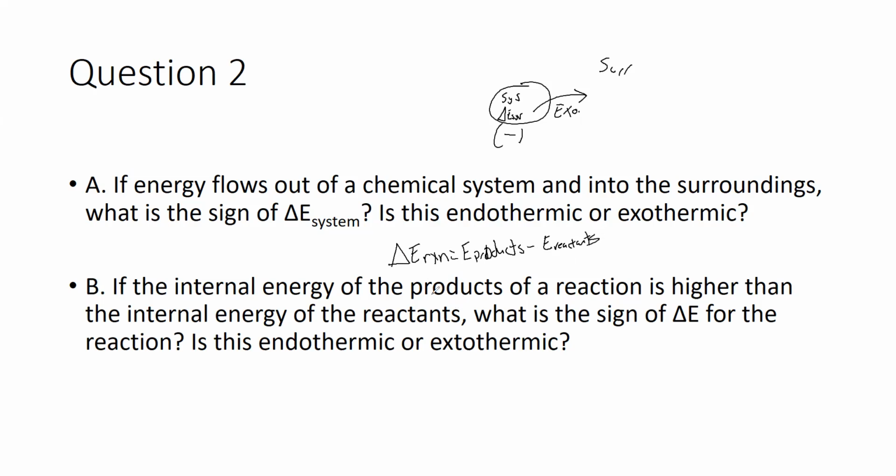So if the energy of the products is higher than the reactants, let's say the energy of the products is 100 and the reactants are 50. Completely fake numbers, but maybe numbers that can help you with these types of problems. So 100 is bigger than 50. Okay, yeah, that would work. So products, 100 minus reactants, which is 50, delta E reaction is 50, let's just say kilojoules.